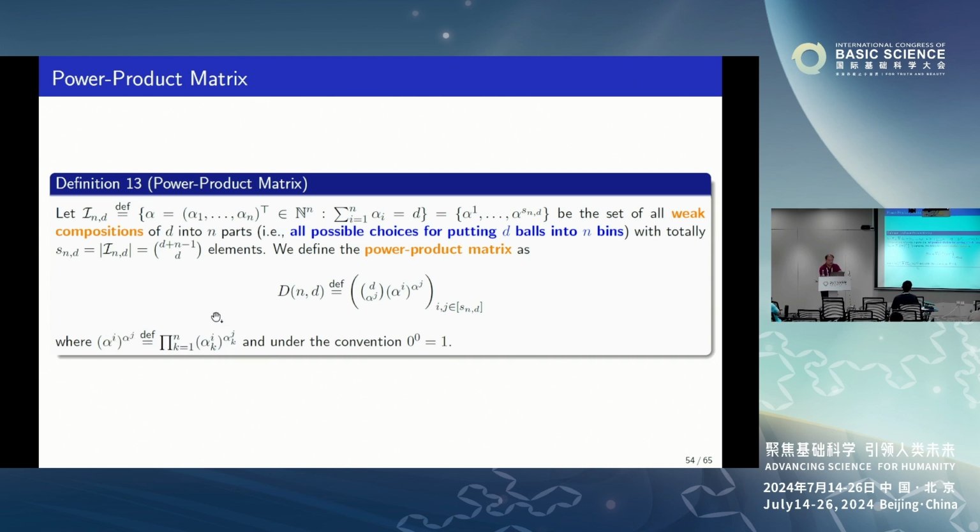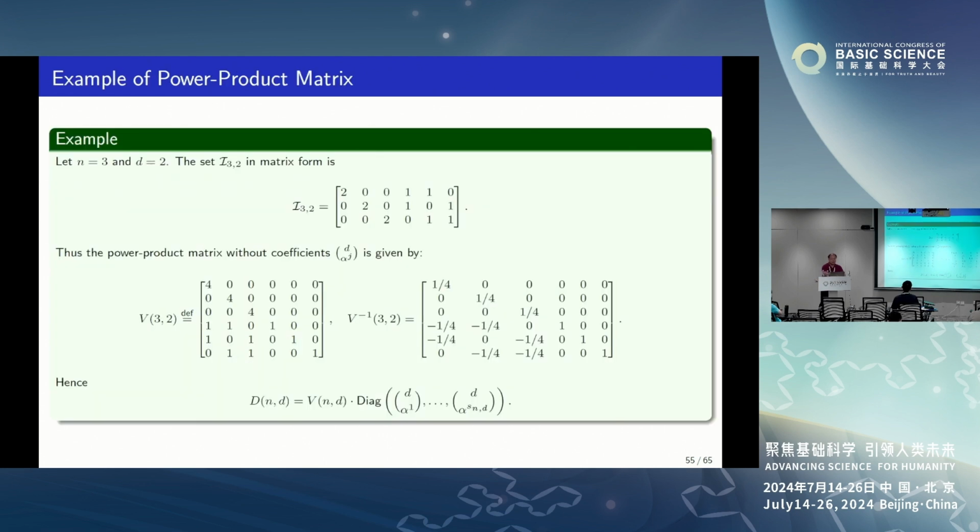That's why we call it the power product matrix, because it's power with multiplication. Here is an example: you can see this is a block matrix, an upper large triangular, and this is sparse and invertible.